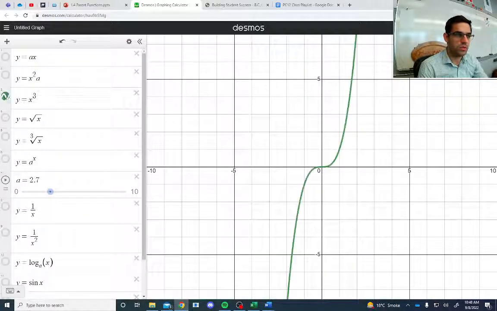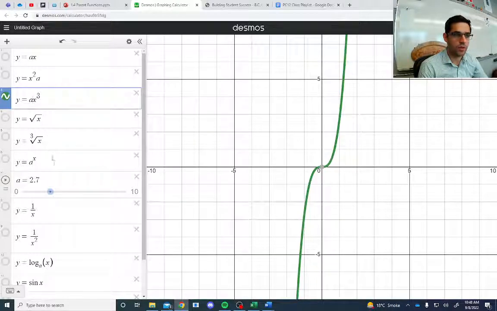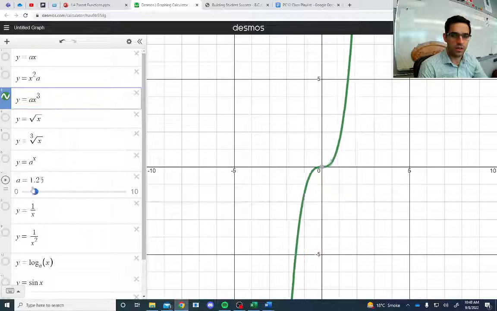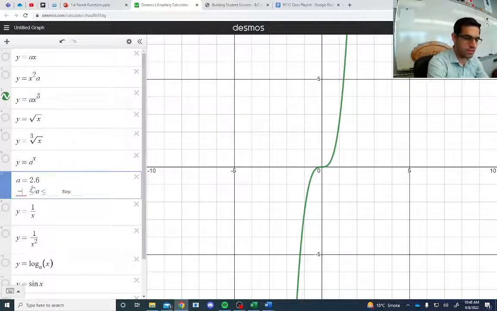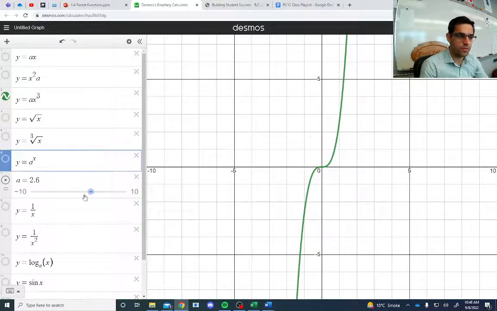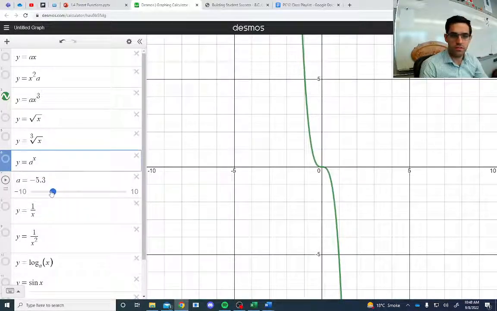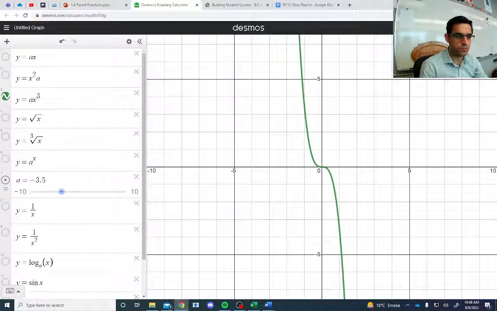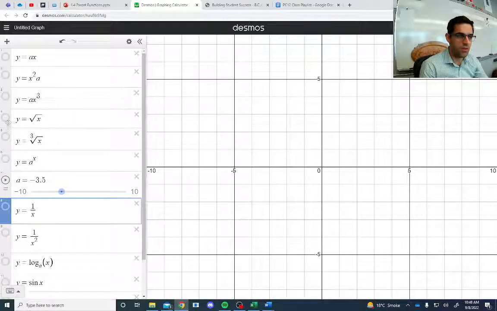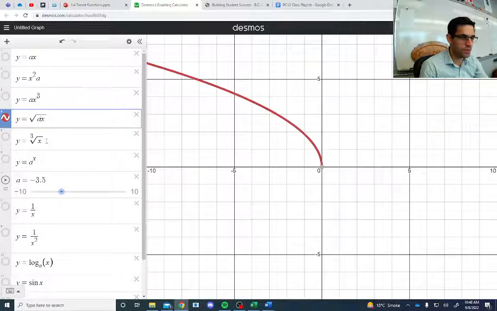I can do cubic. Y equals x to the power of 3 is a parent function. And I can stretch and flip that one around. Let's make this a negative. It flips it, but it's still the same basic shape. If I work with some other functions, we've got radicals.